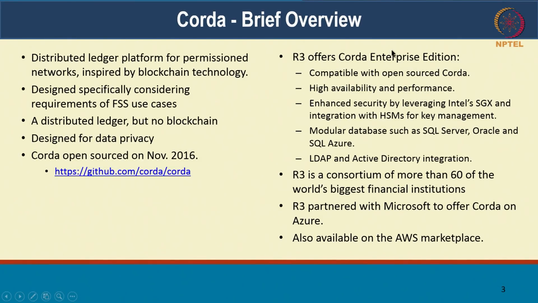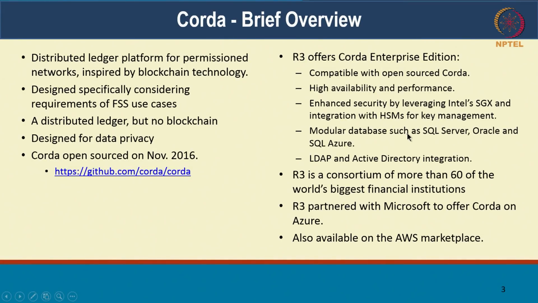R3 is coming out with an enterprise version of Corda, and it's compatible with the open source version with some improvements. They are promising higher availability and performance, enhanced security using Intel SGX and the notion of enclaves for secure execution, and also integration with hardware security modules for key management.